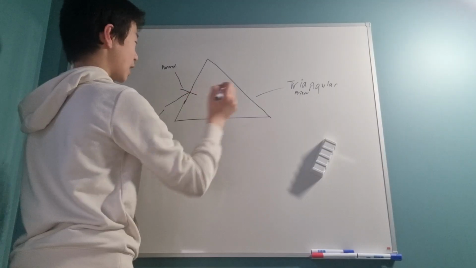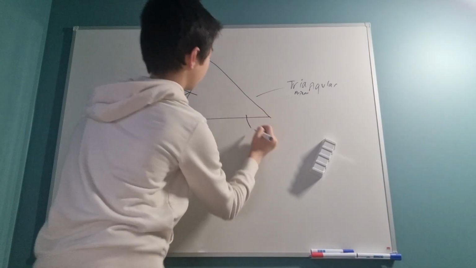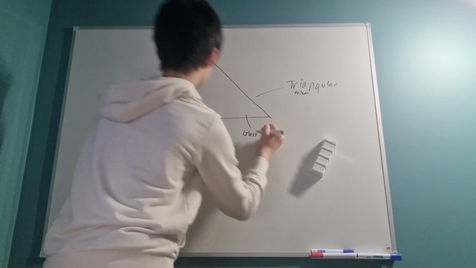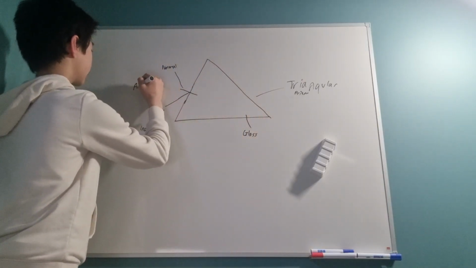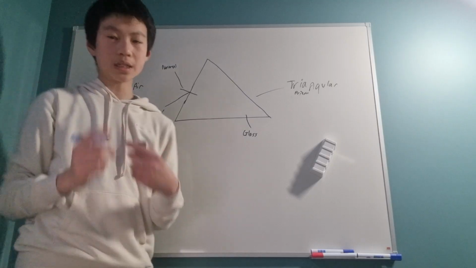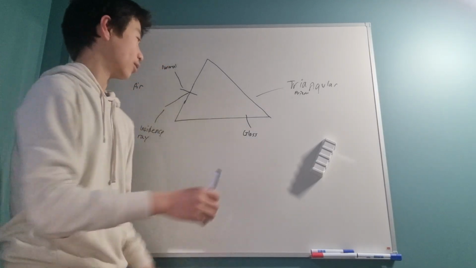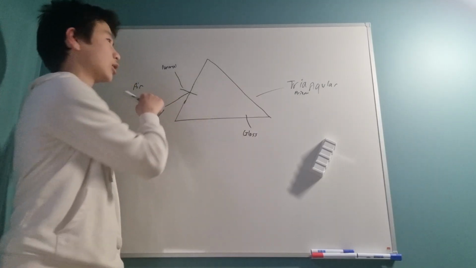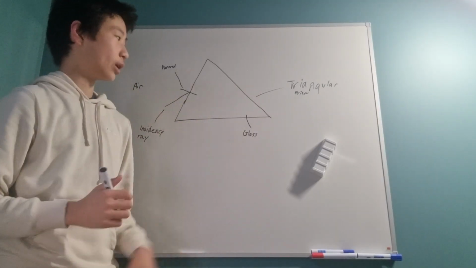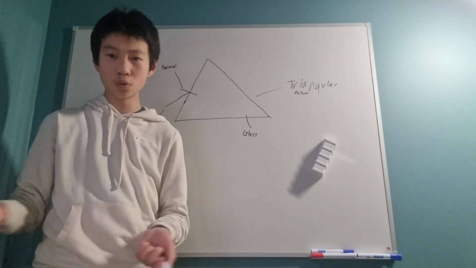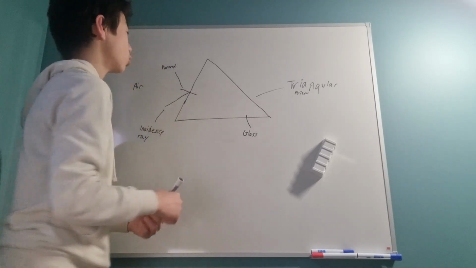Now that we have the normal, let's label it the normal. And let's say that the medium is made of glass, and this is air. Since the refractive index of glass is bigger than the refractive index of air, it means that it's moving into a denser medium, and if it's moving into a denser medium, it slows down and bends towards the normal.